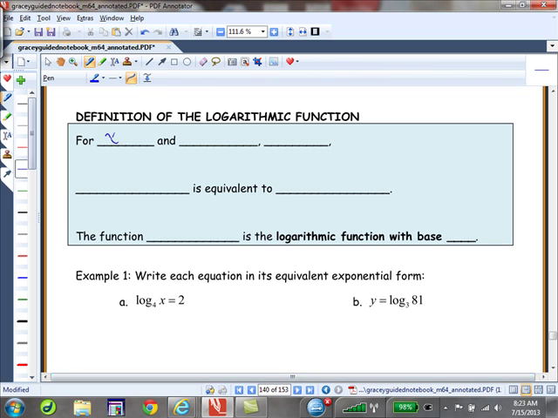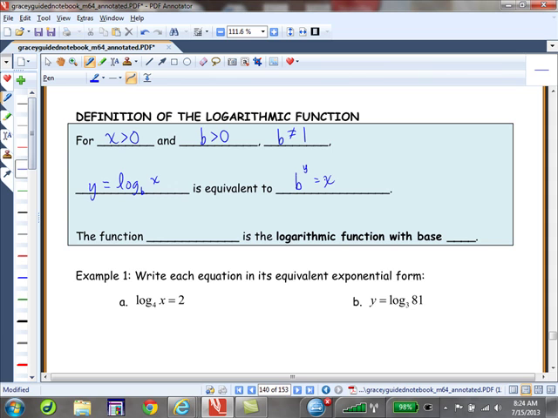For x greater than 0 and b greater than 0 and b not equal to 1, the same restrictions we had on our exponential, y equal to log base b of x is equivalent to b to the y equals x. So a logarithm is an exponent, right? That's the key.